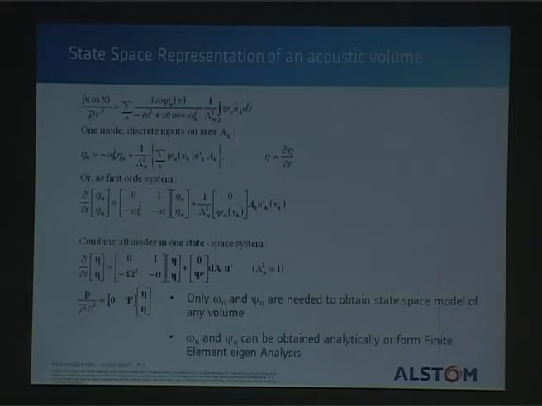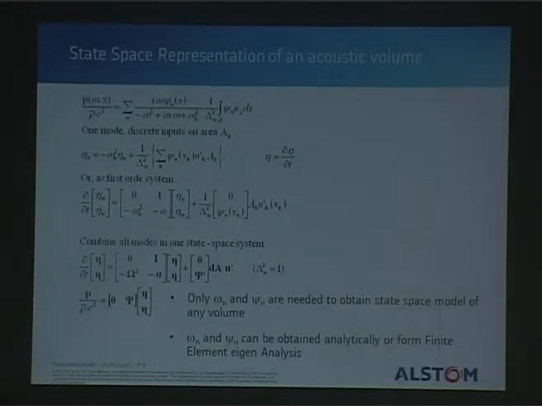The whole thing is a series of second-order resonators, so linear resonators, and you can express each of these resonators as a couple of first-order systems, and that would pack into a whole matrix, a big matrix with all the resonance frequencies and some damping terms, and a big matrix with the values of the modes on the boundaries.